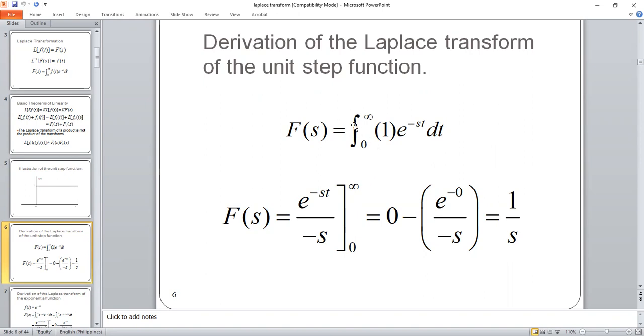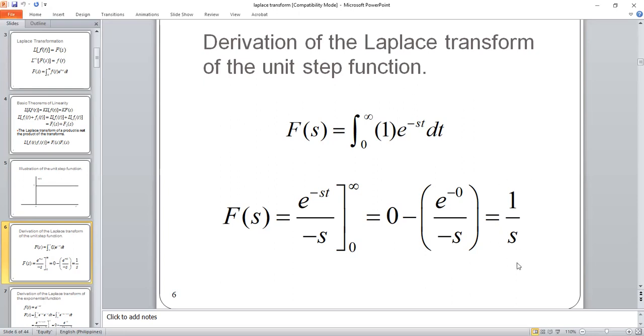Since your limit starts with 0 to infinity, that applies to your given function as well. So you will perform the integral of e raised to minus st. And since you know how to integrate, when you perform integration and substitute the limits, this is the answer.